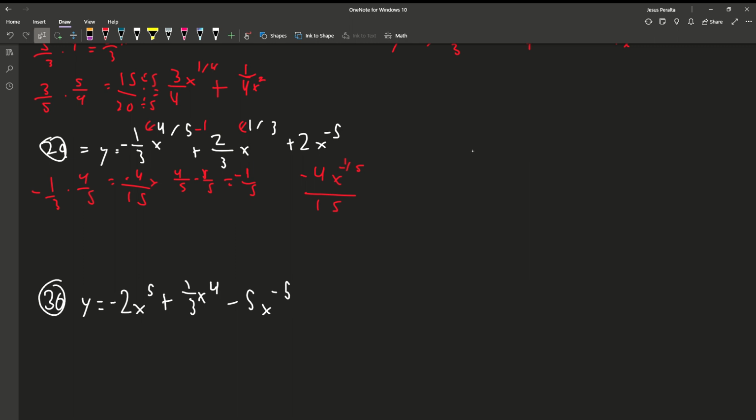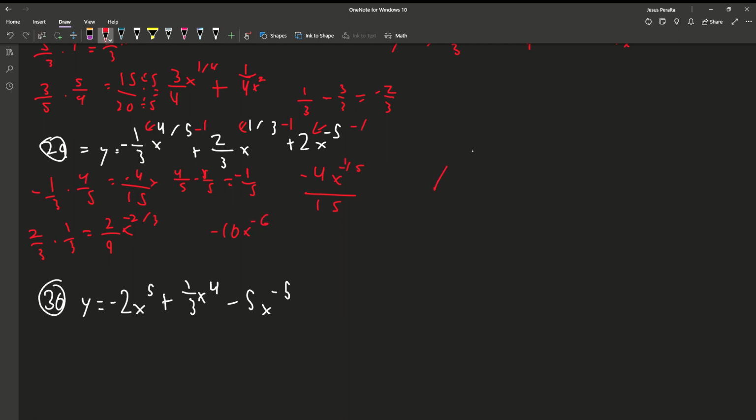This is the same thing as saying 2 over 3 times 1 over 3, which is just 2 over 9. Then you subtract 1 from the top. It's the same thing as saying 1 over 3 times minus 3 over 3, which is just negative 2 over 3. So it's x to the power of negative 2 over 3. And this is just 2 times negative 5, which is negative 10. Then x, subtract 1, negative 6.